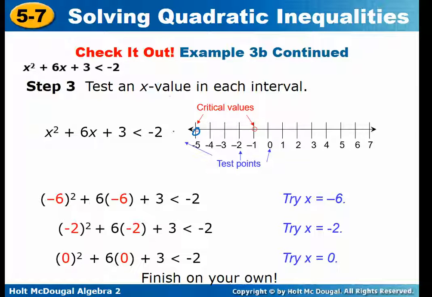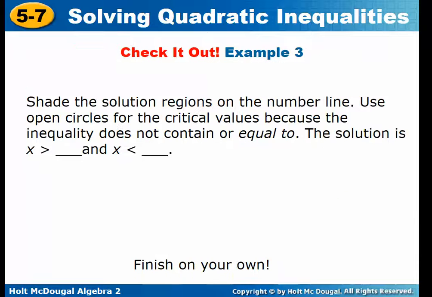It's either going to be less than -5 or greater than -1, or x will be between -5 and -1. So you'll check that out, and then you will answer the question whether it is x is greater than something and, that would be if it's in between, or maybe it's going to be an or if it ends up being less than the first critical value and greater than the other critical value.